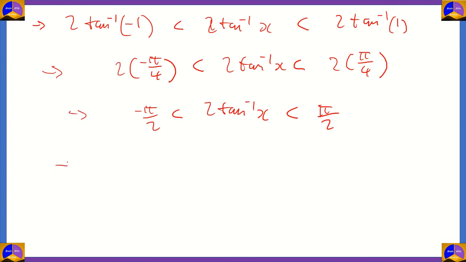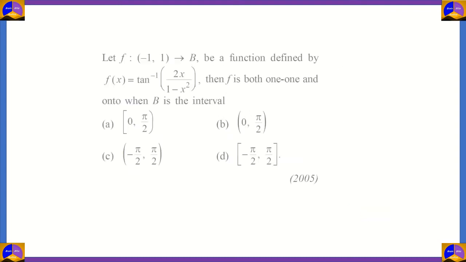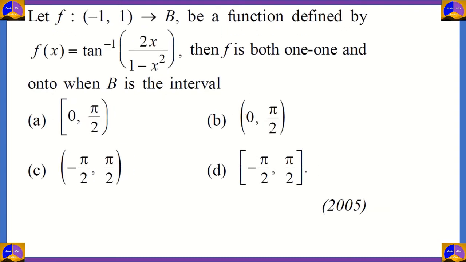So 2 tan inverse x can be written as f(x). So minus pi by 2 less than f(x) less than pi by 2. So according to this, option C is the correct option. Since minus pi by 2 is less than f(x) less than pi by 2, option C, that is the open interval, will be the correct option.